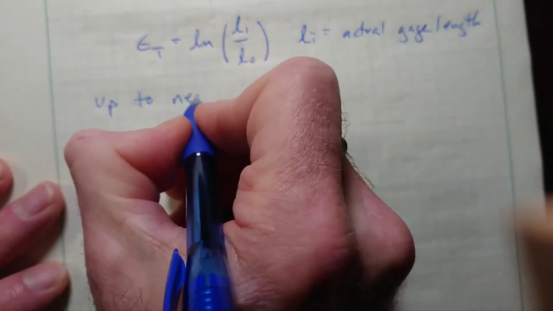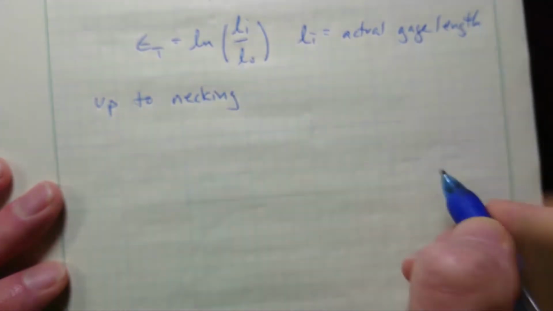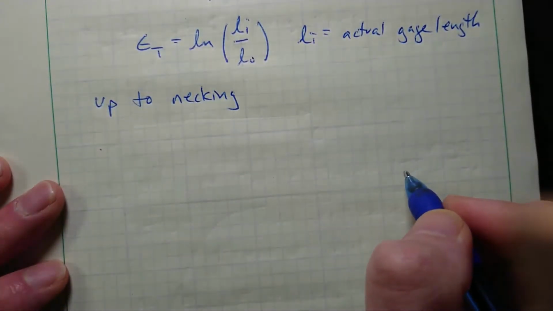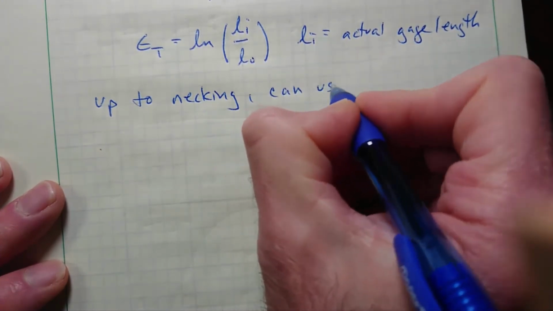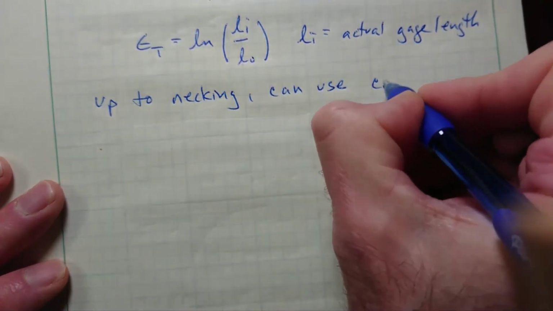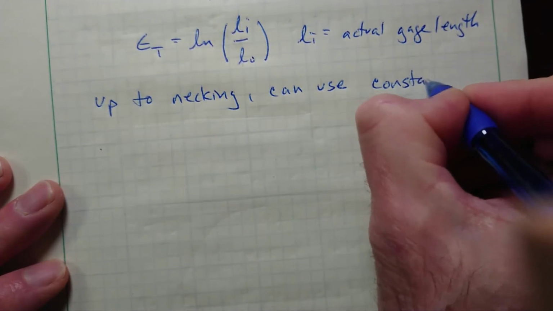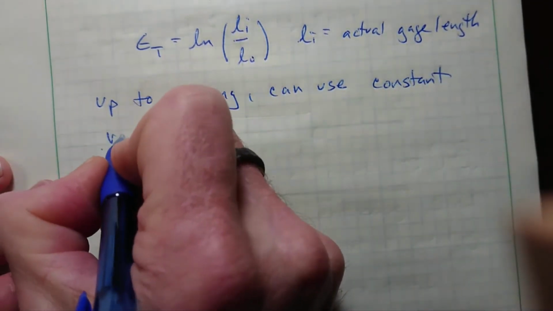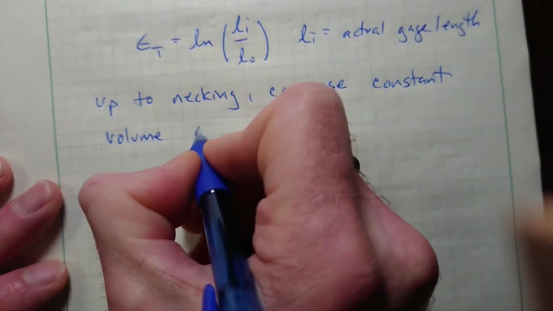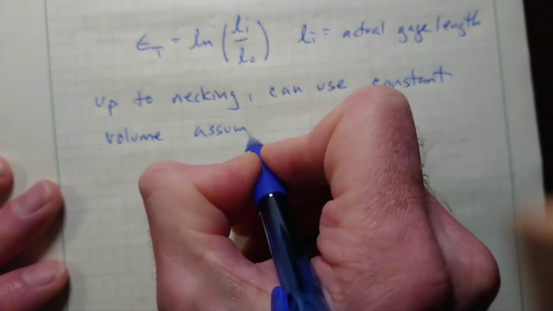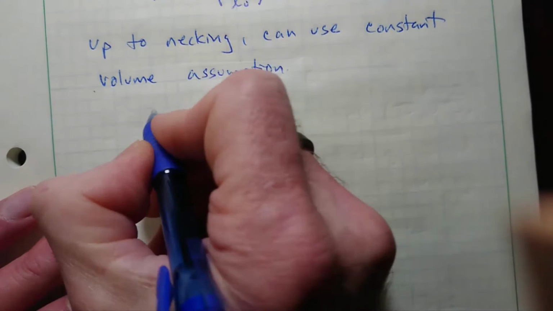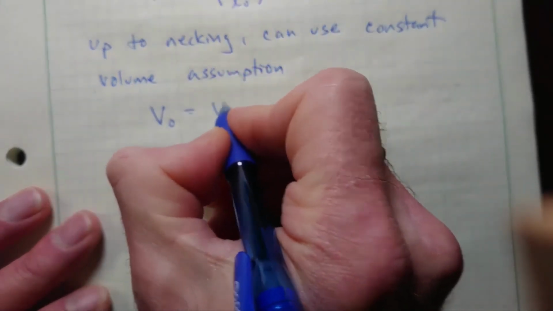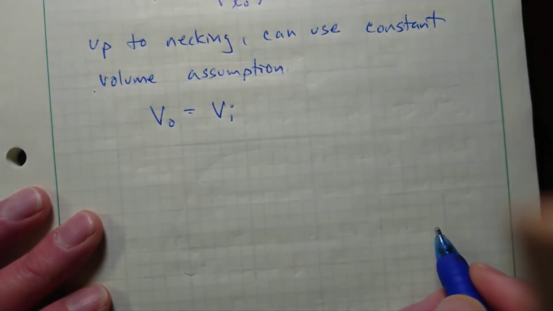Up to necking, we can actually relate true stress and true strain. So up to necking, we can use the constant volume equation, or assumption. And that says that the original volume is equal to the instantaneous or actual volume.